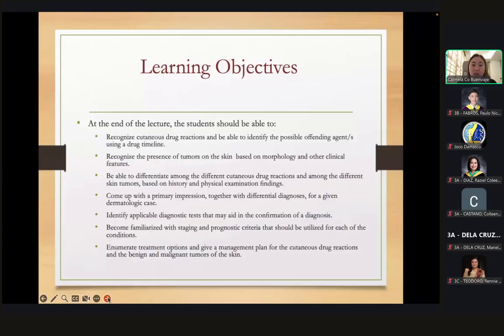And then identify applicable diagnostic tests that may aid in the confirmation of a diagnosis, and become familiarized with some staging and prognostic criteria that may be utilized, and enumerate treatment options and give a management plan for the cutaneous drug reactions and benign and malignant tumors as well.